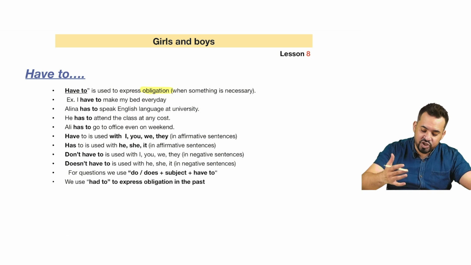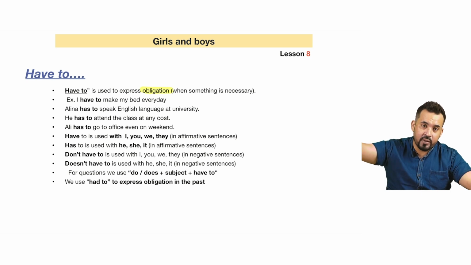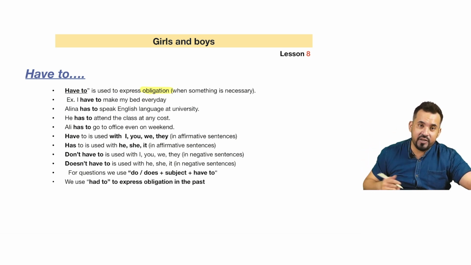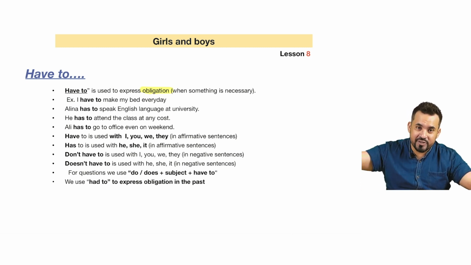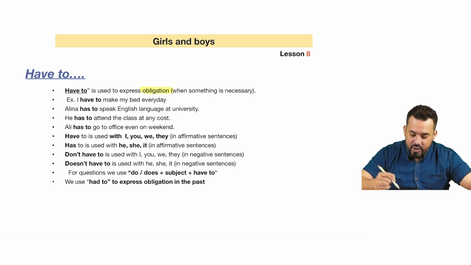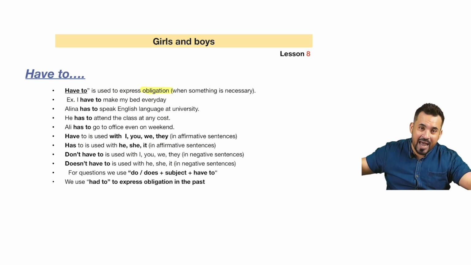All right, for questions, we start with do for you, they, I, and so on, and does for he, she, it, and single nouns. Okay, so do you have to? Does he have to? We use had to to express obligation in the past. So the past form of have to and has to is had to.